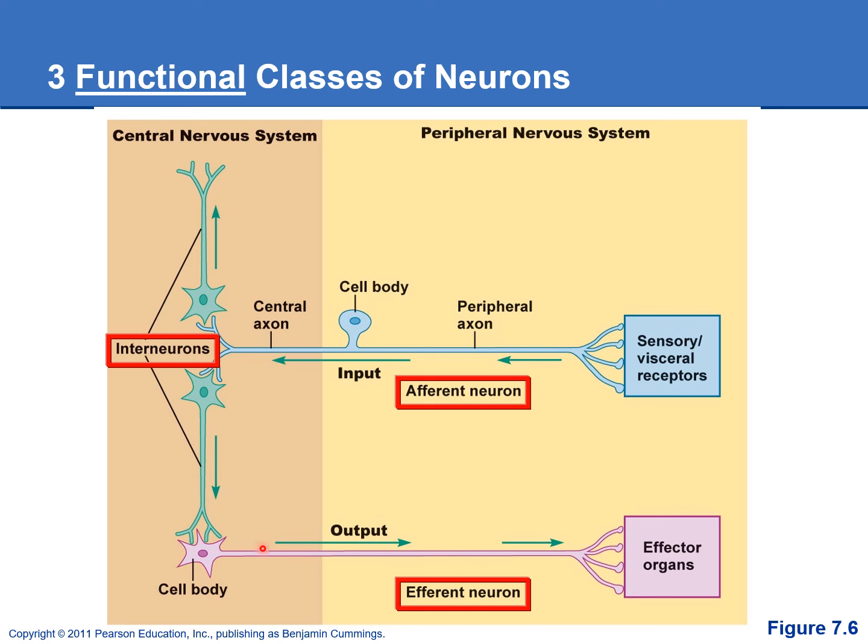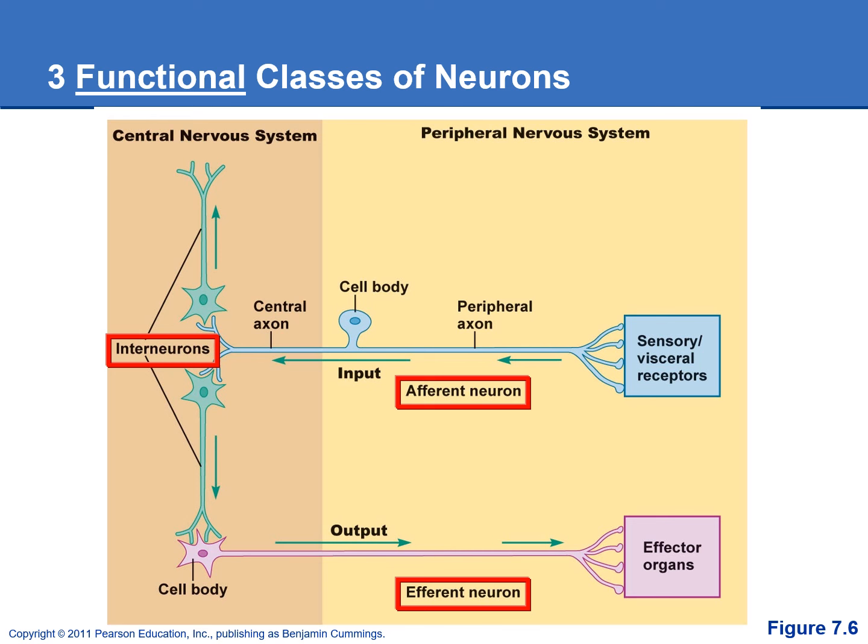The efferent neurons are motor neurons that are going to be innervating the muscles and the glands, and they're going to be doing whatever you need to do to get away from whatever is chasing you, or change your behavior, or respond to a change in the environment.